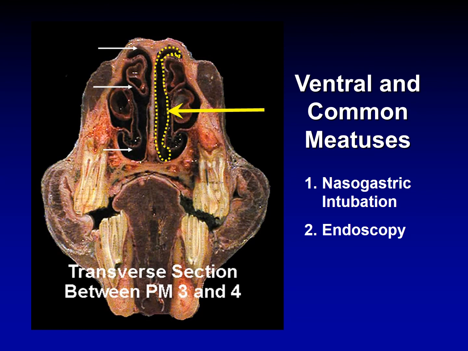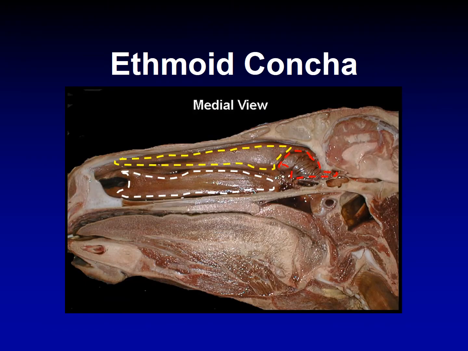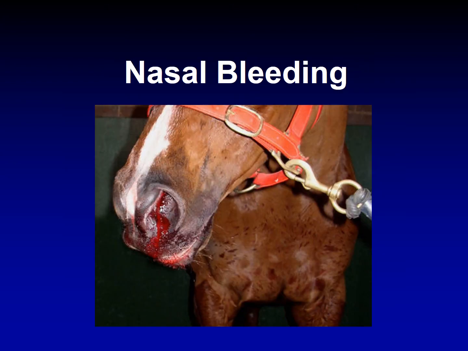Ventrally, we basically pass the endoscope or the nasogastric tube, and we have to be very careful because we have the ethmoid concha. Injuring the ethmoid concha, as I mentioned earlier, will cause severe bleeding. This is a picture of a bleeder.